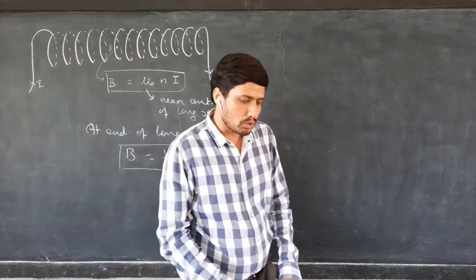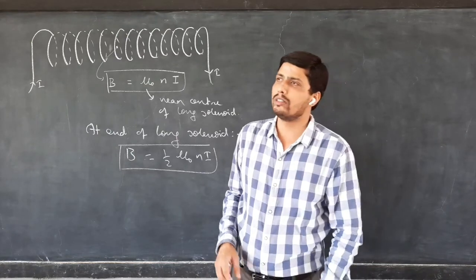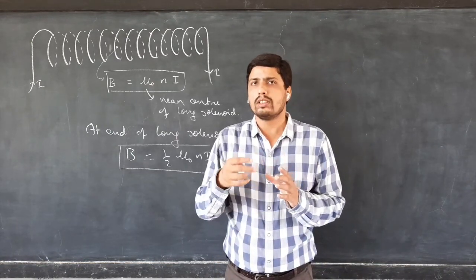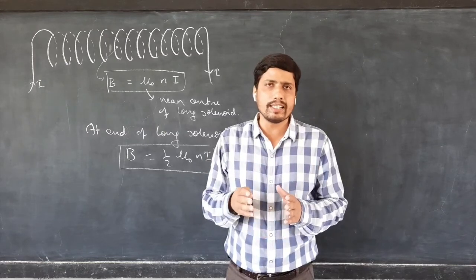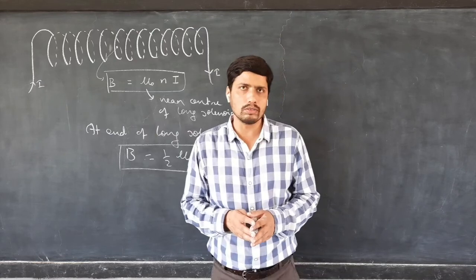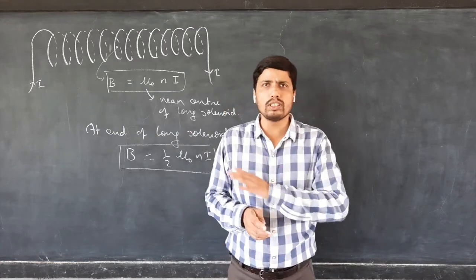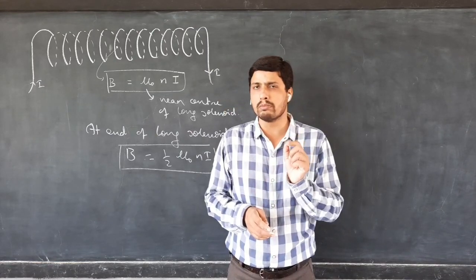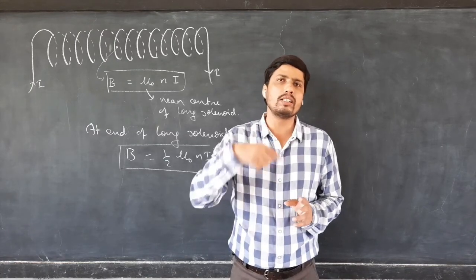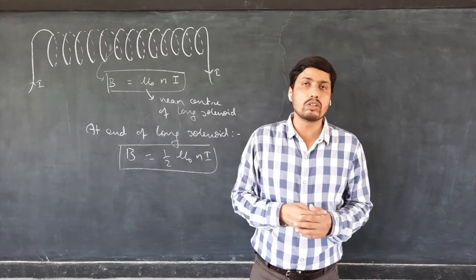This we will be able to understand provided we discuss first a finite solenoid and derive the expression for magnetic field on its axis using Biot-Savart law. The basis for all of these discussions which we are doing is, remember students, the Biot-Savart law. We have used Biot-Savart law for finding the magnetic field due to a circular coil.